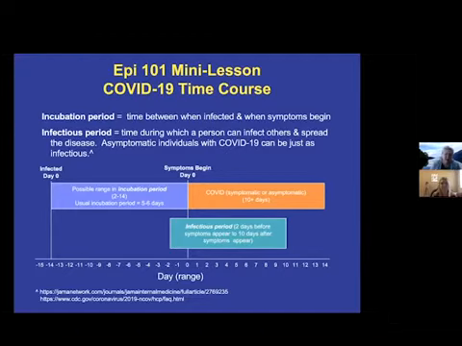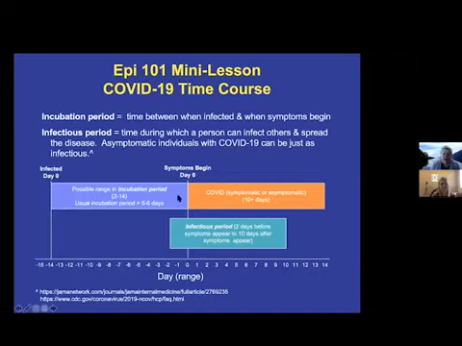But the timeline we have, if you have day 0 here being when you're infected, the possible range in incubation period is anywhere from 2 to 14 days. So if I'm around someone who has COVID and I get it, I will start showing symptoms somewhere between 2 and 14 days. The usual incubation period for COVID is around 5 to 6 days.